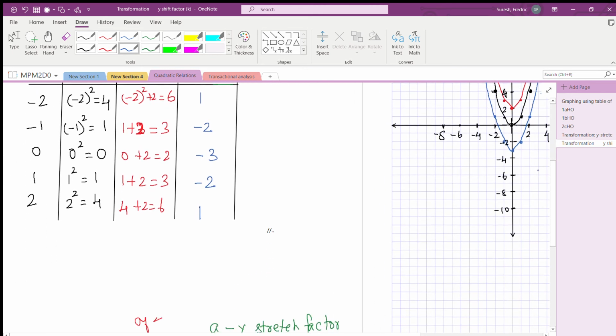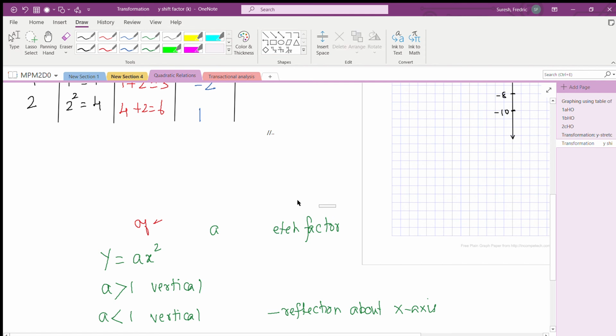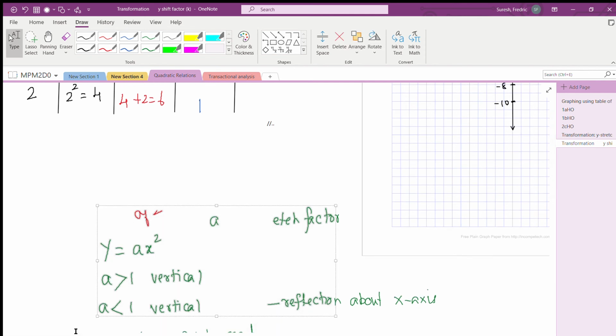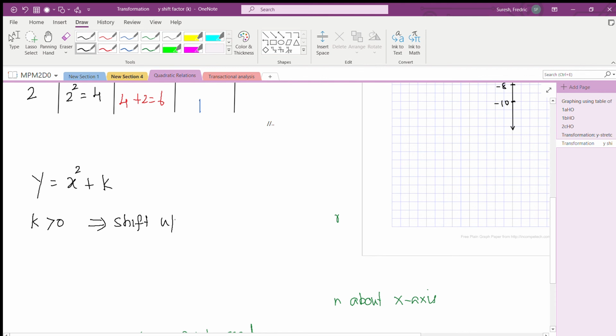So how do we summarize the whole thing that we learned today? If I have y equals x squared plus k, if the k value is bigger than 0, then we shift up k units.